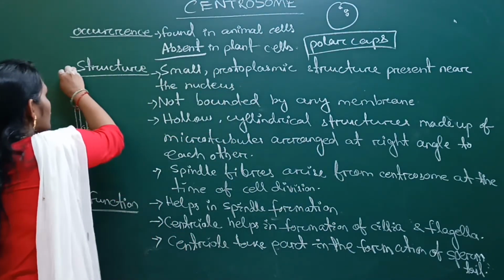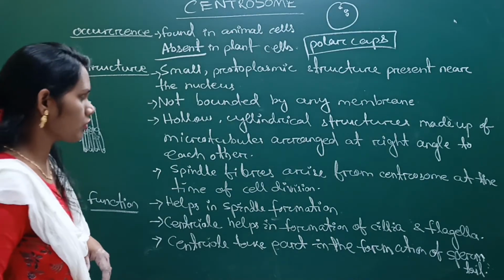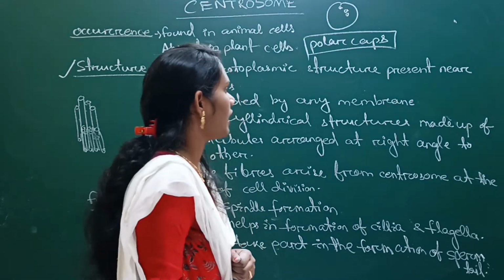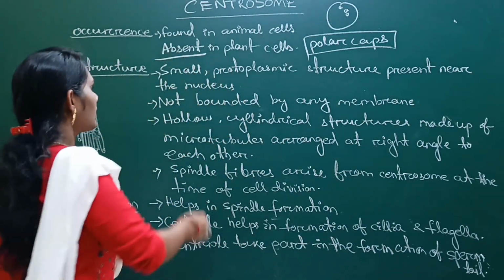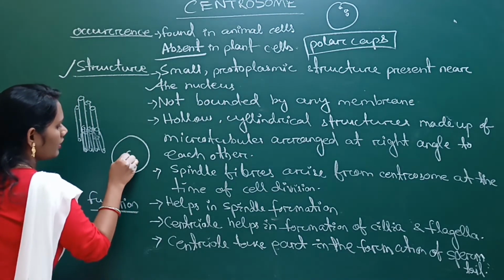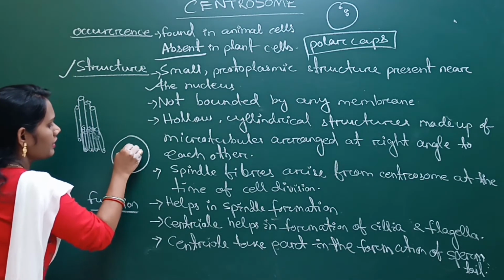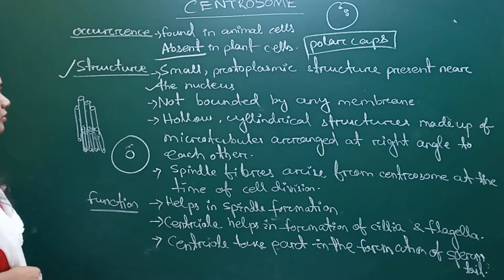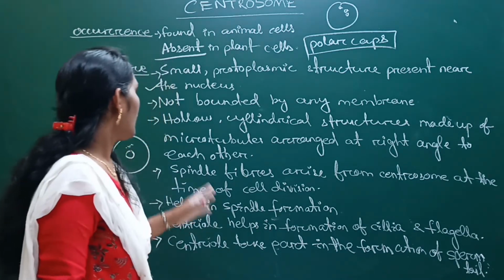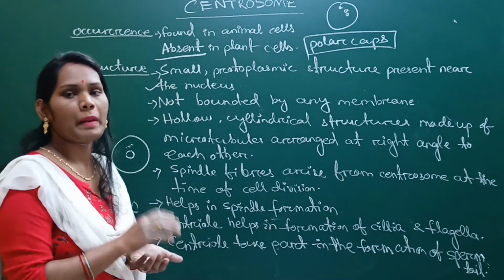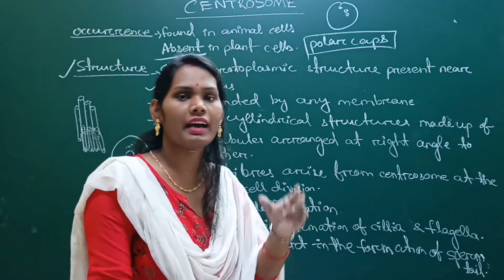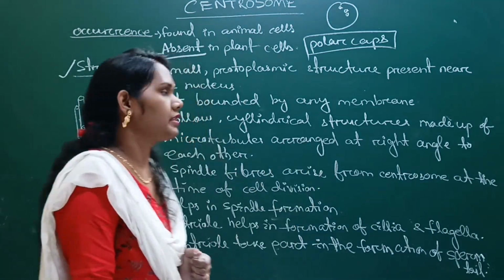Next, come to the structure of the centrosome. Centrosomes are small protoplasmic structures present in the cytoplasm, near the nucleus. In a cell, the centrosome is present near the nucleus, and it is not bounded by any membrane. It is a hollow cylindrical structure made up of microtubule-like structures, and these microtubules are arranged at right angles to each other.